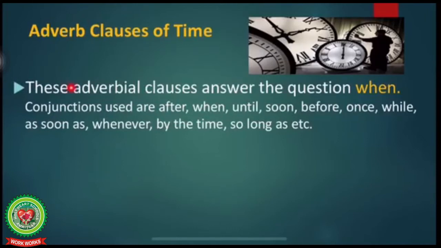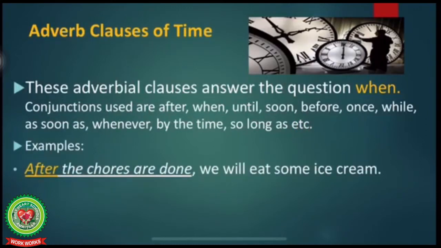These adverbial clauses answer the question when. Conjunctions used are after, when, until, soon, before, once, while, as soon as, whenever, by the time, so long as, etc. Right? So examples: After the chores are done, we will eat some ice cream.